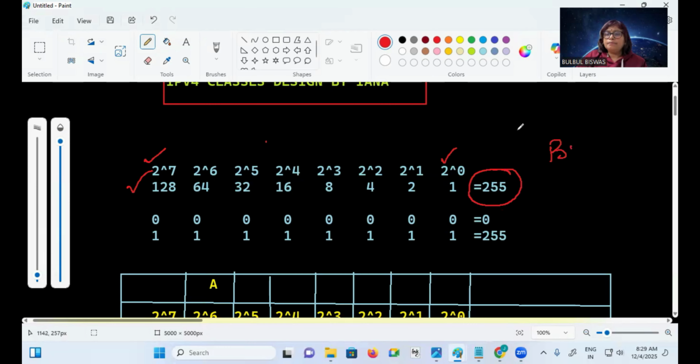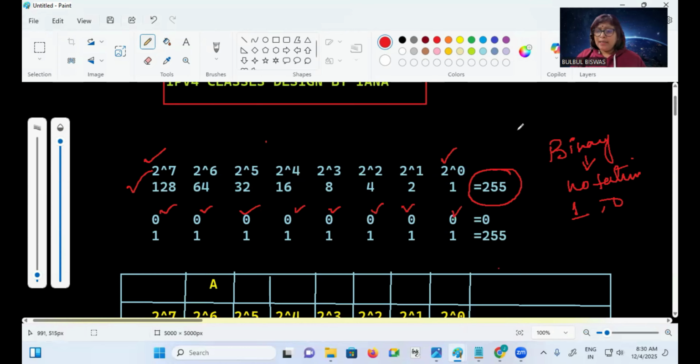So binary is actually not a number, it is a notation. In binary, the value we want to consider, put it as 1, and the value we do not want to consider, put it as 0. So in this full octet, if we don't want to consider a single digit, then we put all of them as 0. Because binary is saying if you don't consider any values, then you simply put 0 in that place.